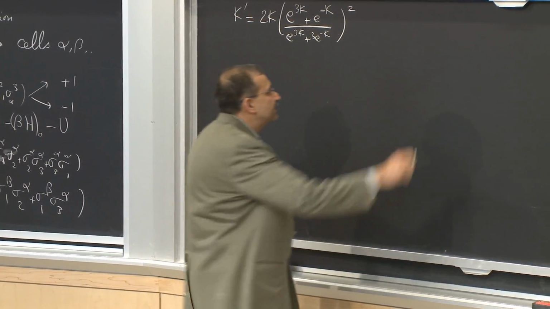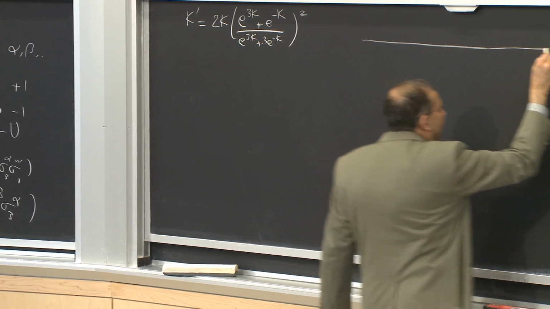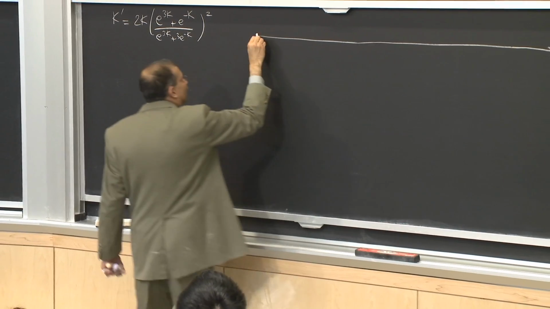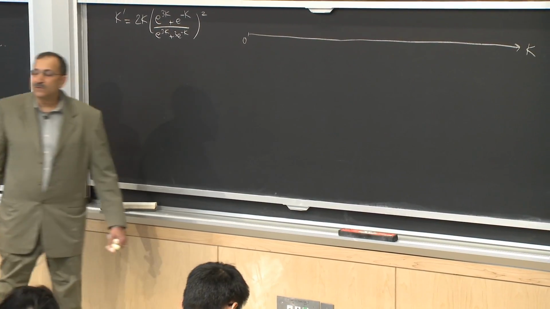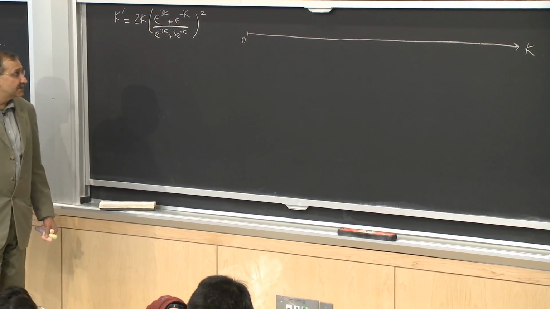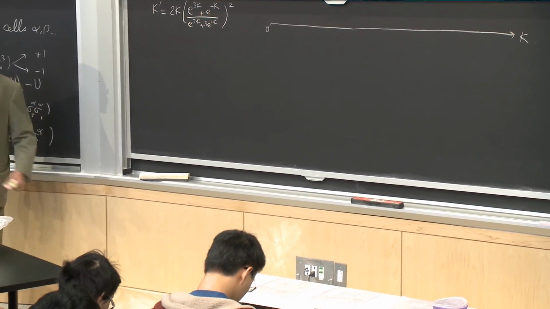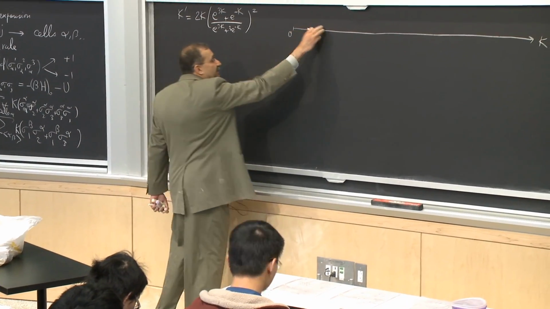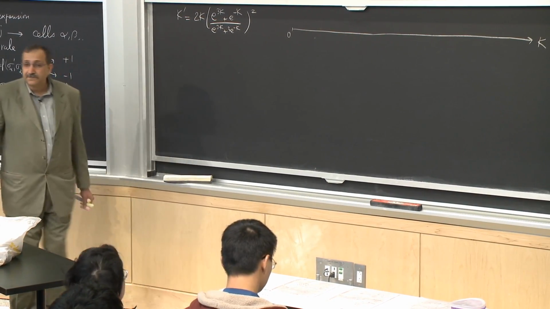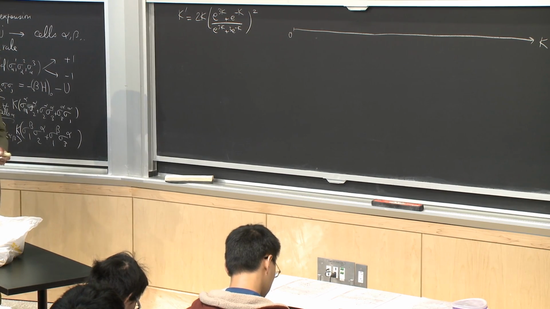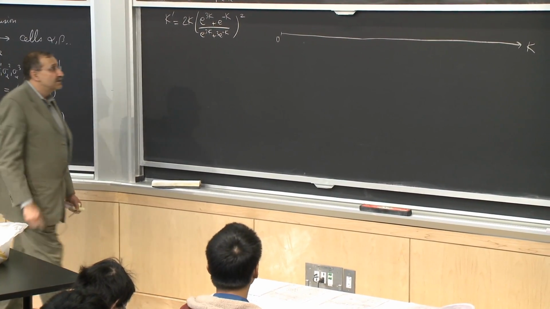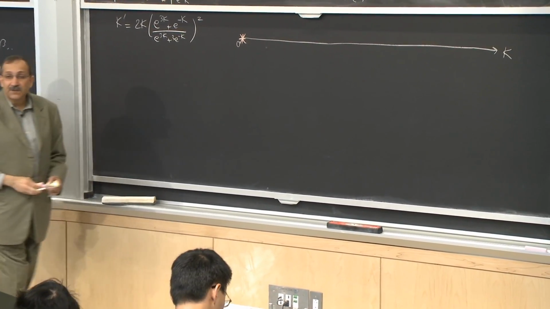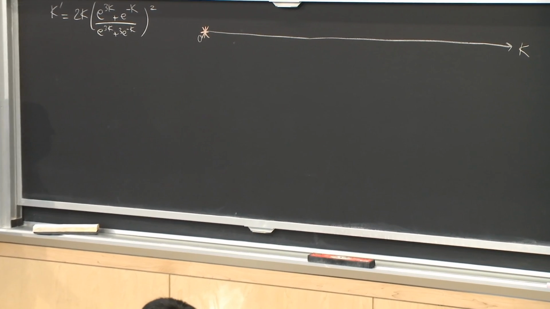So presumably, again, if I think of the axis of possible values of k, running all the way from no coupling at 0 to very strongly coupling at infinity, this tells me under rescaling where the parameters go. So let's follow the path that we followed in one dimension. We expect something to correspond to essentially no coupling at all.